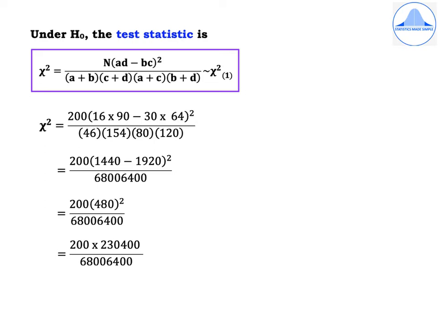Substituting the values from the 2 by 2 contingency table, we get chi square equal to 200 into (16 into 90 minus 30 into 64) the whole square divided by 46 into 154 into 80 into 120. The denominator is a very large value. I will not read out the calculations. So simplify and write the steps.